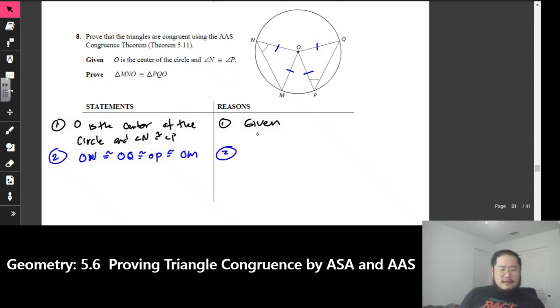Reason, let's put right here that all points on a circle are the same distance from the center.